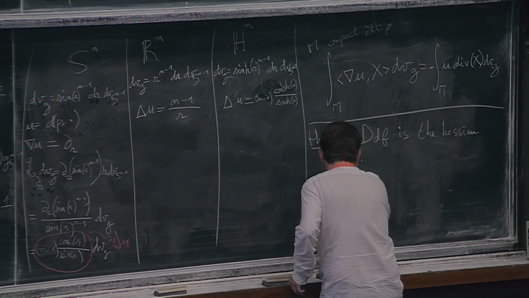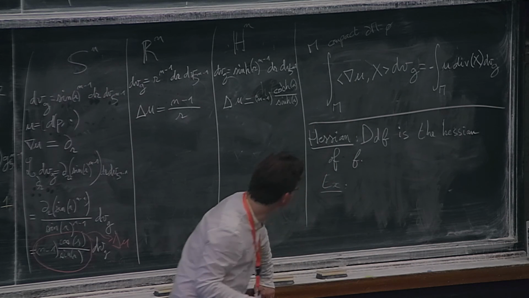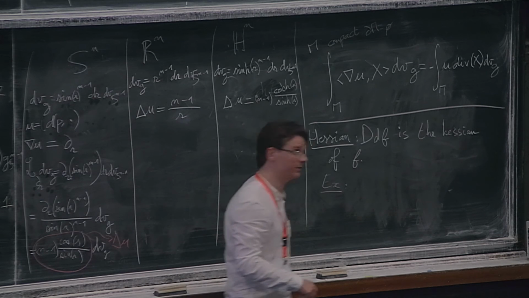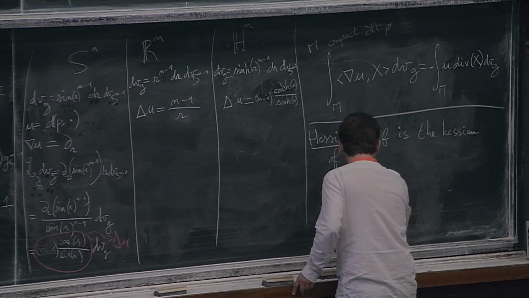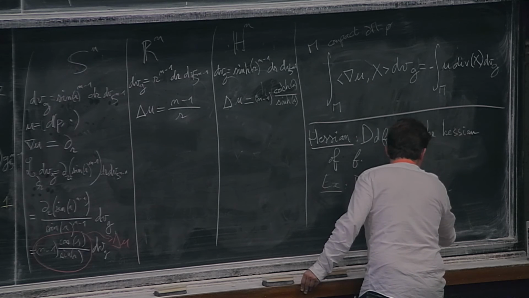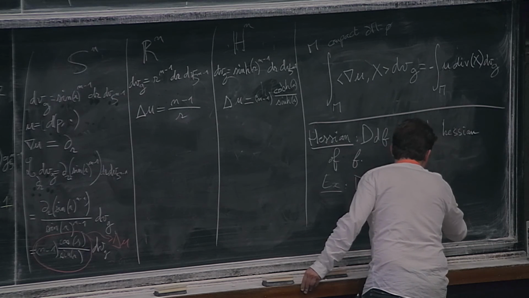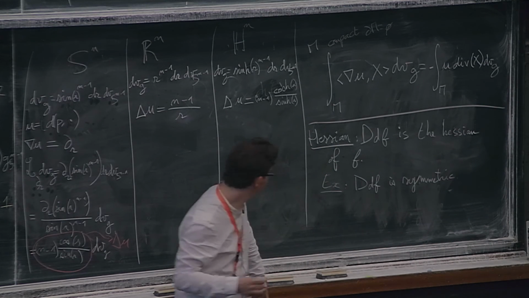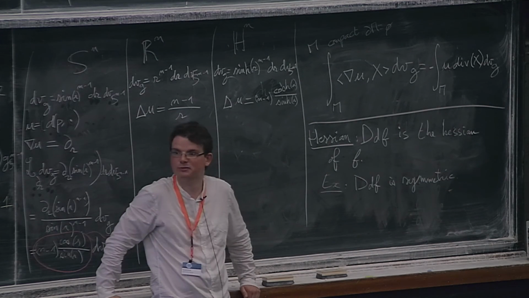Exercise, which is just a little exercise in computing with covariant derivatives: ∇df is symmetric. So that looks good for a Hessian.